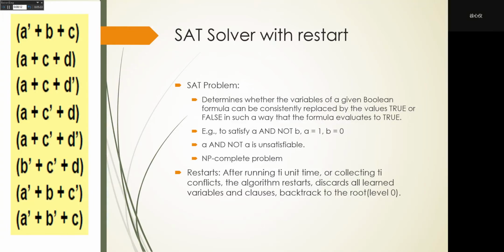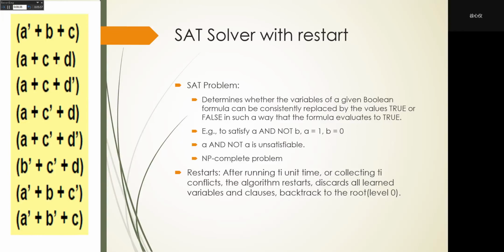the SAT problem. It means you need to determine whether the variables of a given Boolean formula can be consistently replaced by true or false. It means whether you can assign each variable a true or false, so the entire formula can always be true.